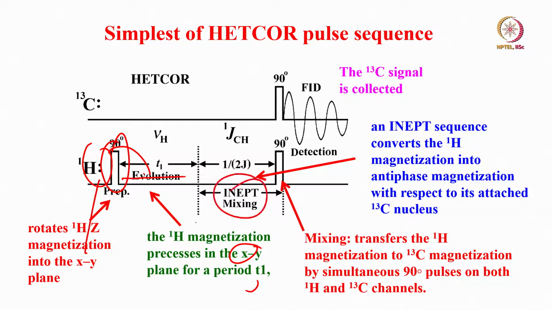Here there is INEPT mixing, because J coupling creates antiphase signals. So, there is a transfer of polarization from proton to carbon using an INEPT sequence. Okay.